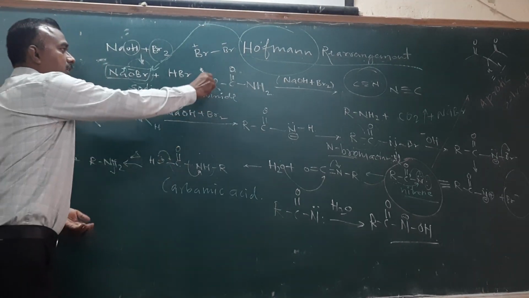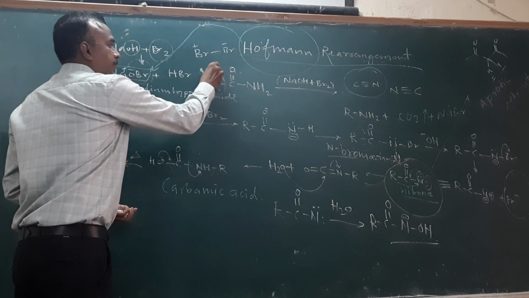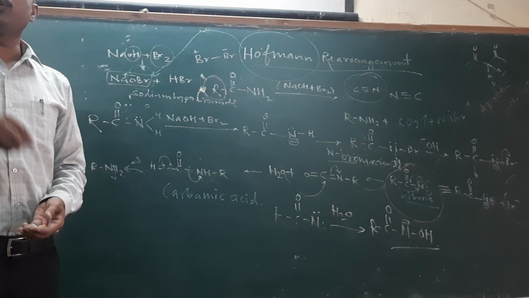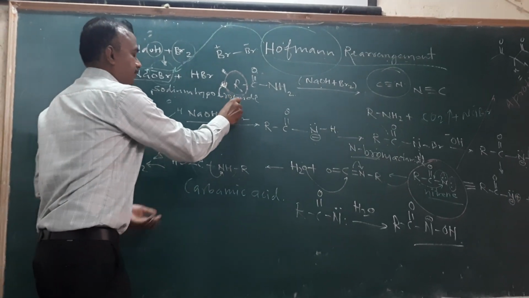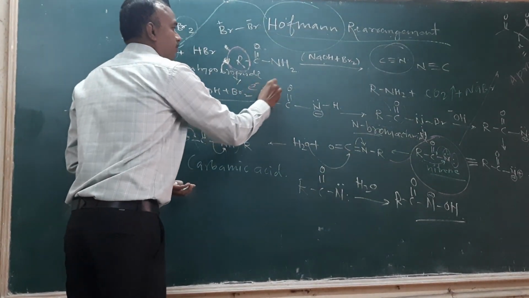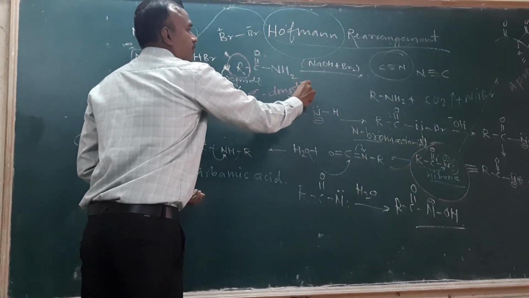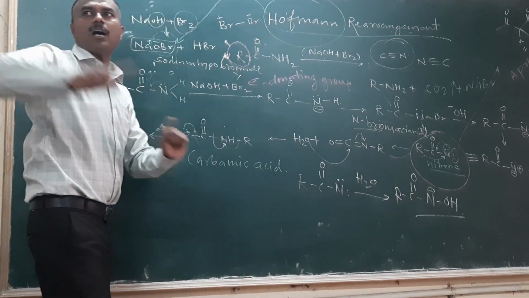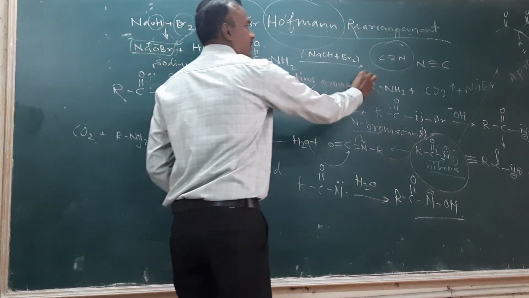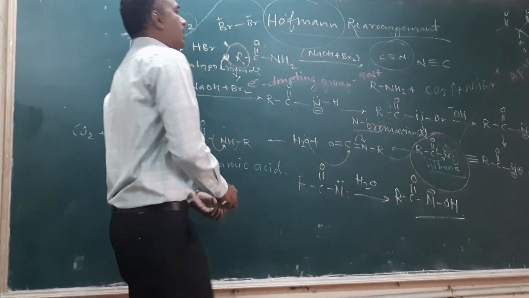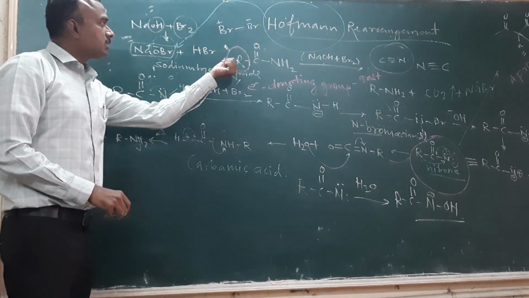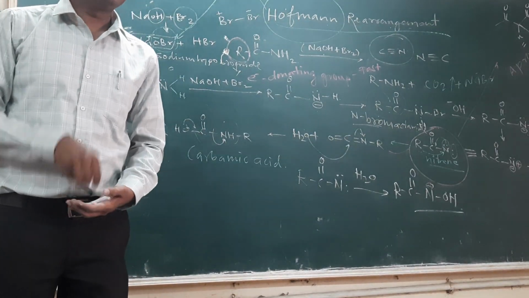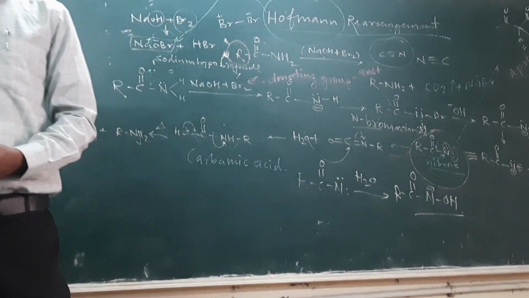If this alkyl group contains an electron donating group, the reaction is very fast. And opposite to that, if this alkyl is an electron withdrawing group, the reaction is very slow. This is the migratory aptitude.